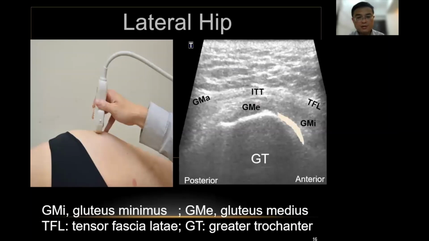For example, the subgluteus minimus bursa is located underneath the gluteus minimus, and the subgluteus medius bursa is underneath the gluteus medius tendon, and the greater trochanteric bursa is actually located underneath the iliotibial tract, and the iliotibial tract is the combination of the tensor fascia lata and the gluteus maximus.